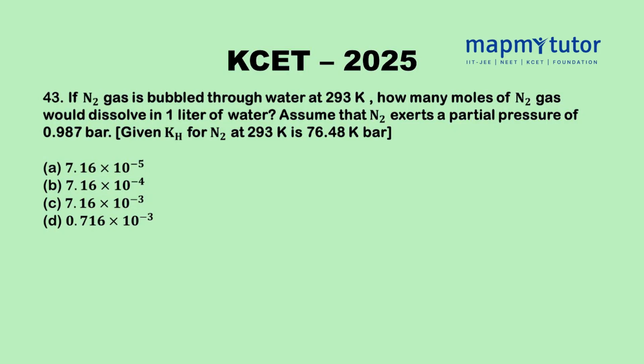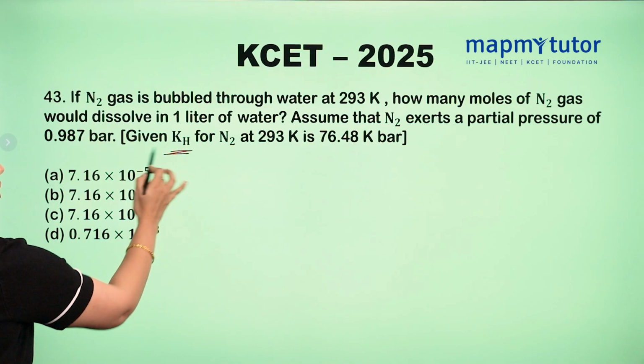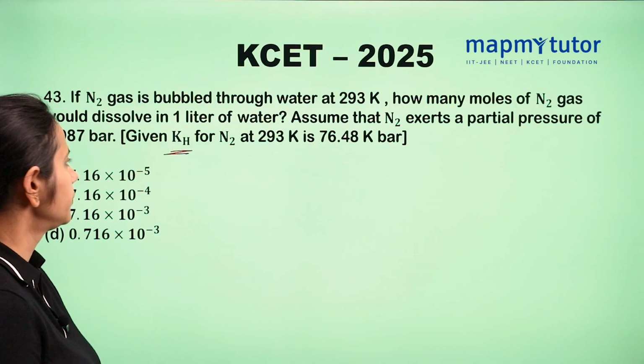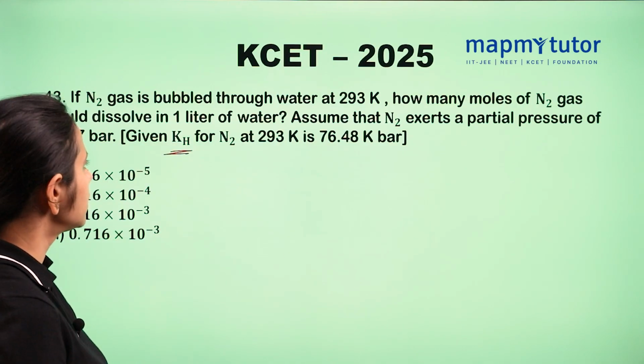If nitrogen gas is bubbled through water at 293 Kelvin, how many moles of nitrogen gas would dissolve in 1 liter of water? Assume that nitrogen exerts a partial pressure of 0.987 bar. This Kh is known as Henry constant. Value of Henry constant is given in the exam.